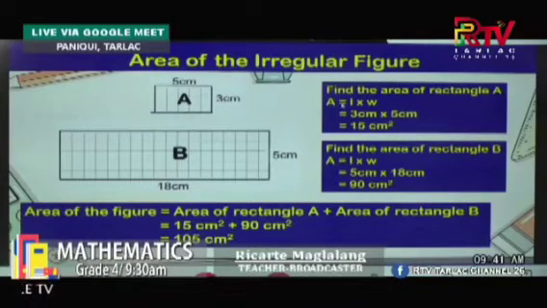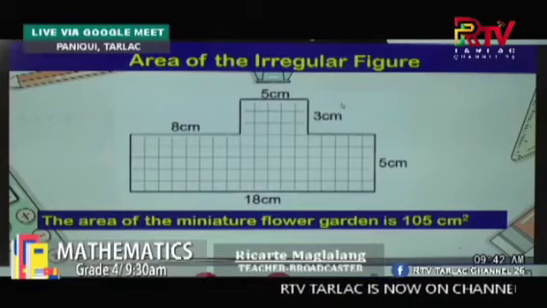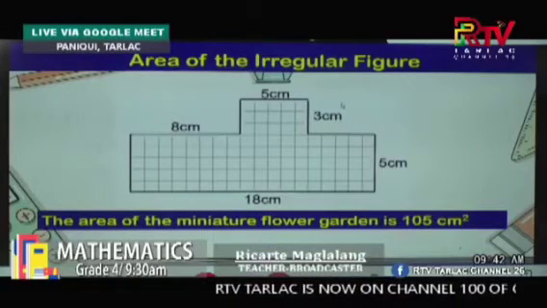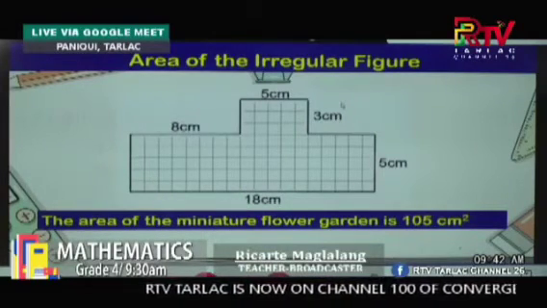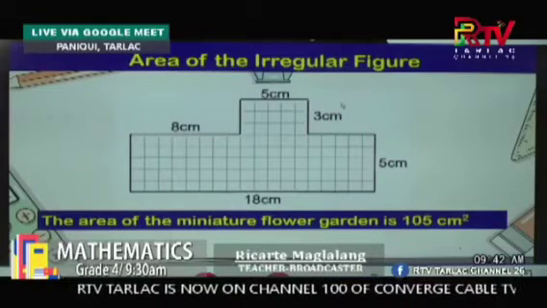So 15 plus 90 equals 105 square centimeters. Therefore, the area of the miniature flower garden is equal to 105 square centimeters.